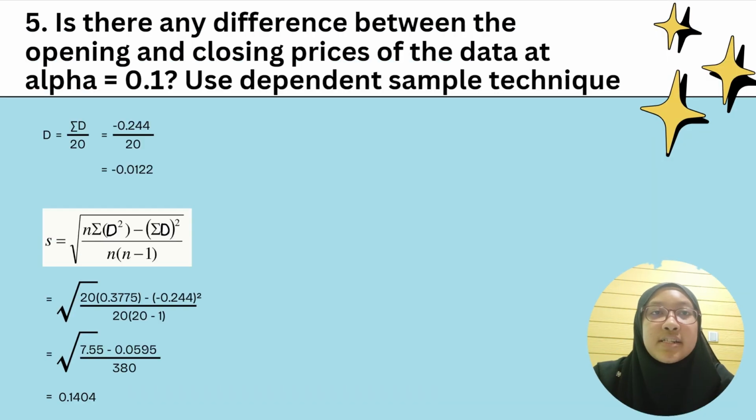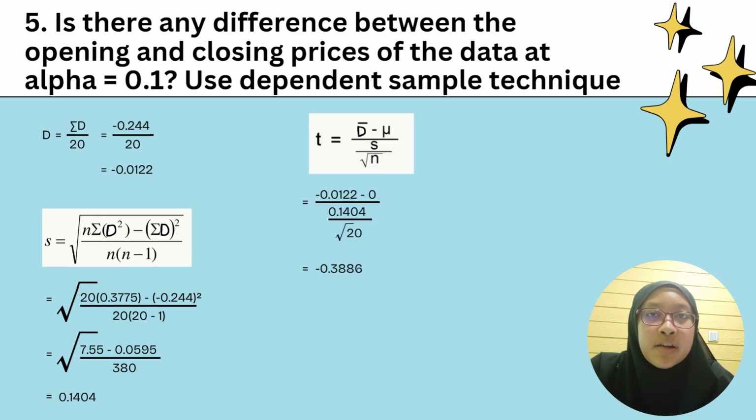After that, we can calculate the mean of d and we get negative 0.0122, and we can find the standard deviation using the given formula and we get 0.1404. And lastly, we can find the test value by the given formula, which is mean minus mu divided by standard deviation over square root of n, and we get negative 0.3886.